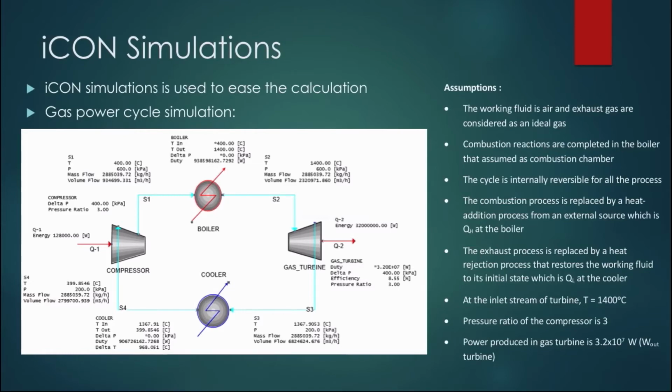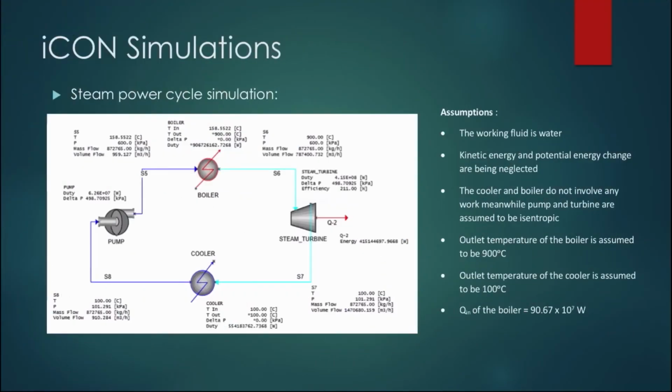As the working fluid is always considered as air, the air from the boiler S2 then enters the gas turbine. The gas turbine then expands the gas to atmospheric pressure from the inlet of the turbine to generate electricity through the generator. This process produces hot exhaust gas that then flows towards the heat recovery steam generator. Meanwhile, in the steam power cycle simulation, the heat recovery steam generator, which has the same function as a heat exchanger, uses the heat from the hot gases S5 to boil preheated water into superheated steam S6.